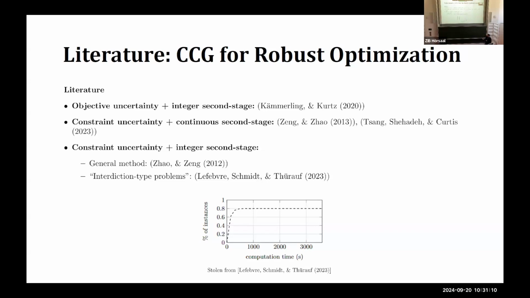And the real hard case, where the constraint uncertainty is in the problem and we have integer second stage solutions, there's not really much. There's a general method, which is not very computationally efficient. And there's this nice work of Henri and Martin Schmidt and Johannes, where they use it for a specific type of problems, so interdiction type problems. But this doesn't work in the very general case.